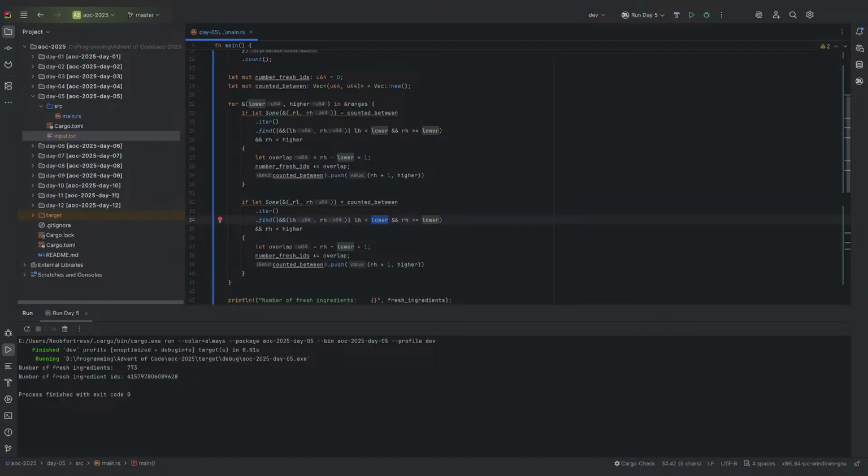So there's a chance that this higher is bigger than this lower bounds, but less than or equal.